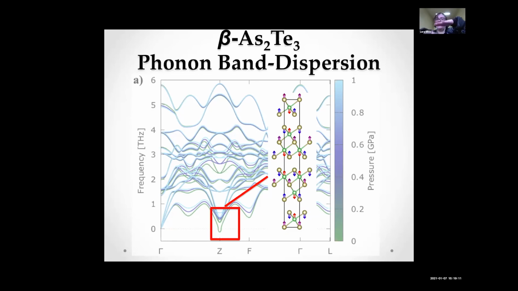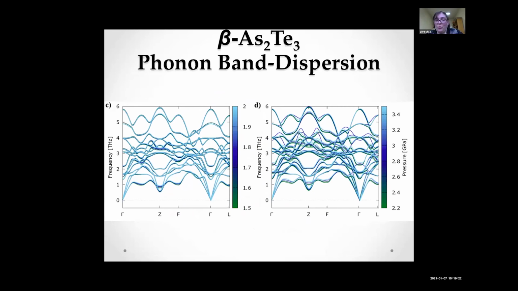So it's the arsenic atoms trying to get further away, and this can be related to that instability. By considering higher pressures, we see that the instability disappears, and these modes get higher in frequency, which means that the system is getting stable.